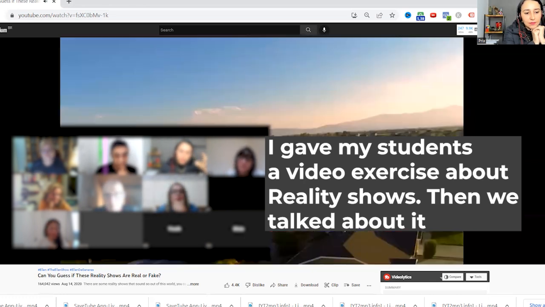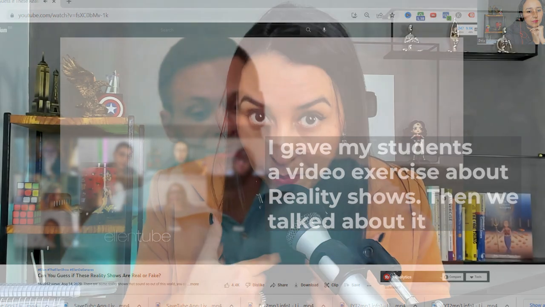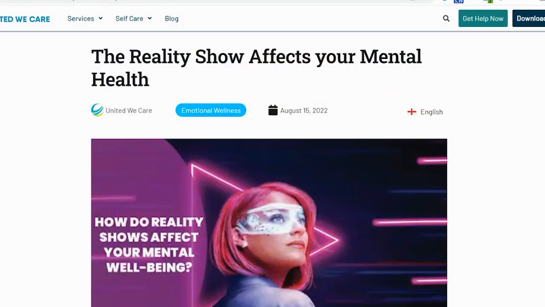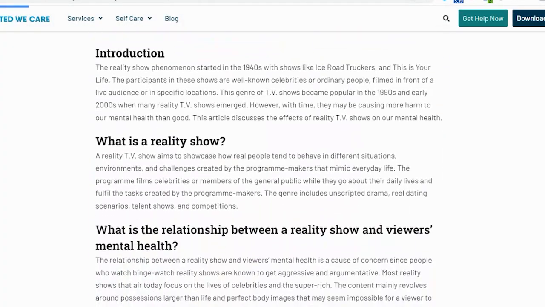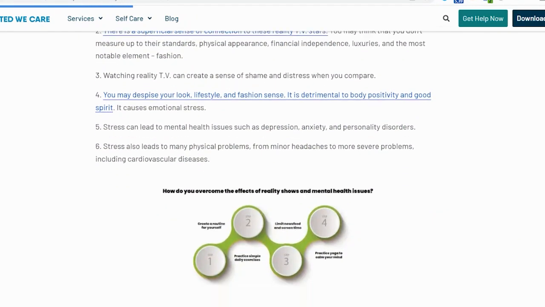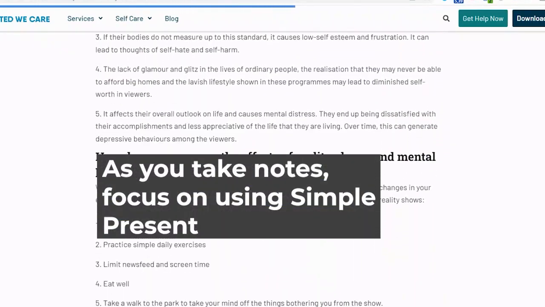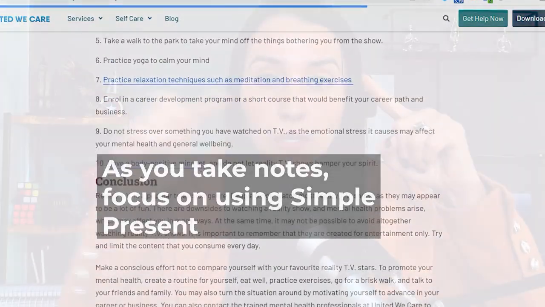However, before giving this class, I was preparing the lesson, studying, so I read some articles on the internet about reality shows and the impact on mental health, okay? The impact of reality shows on the brain, on our mental health. And in this article, the article points out many interesting points about the connection between reality shows and psychology, mental health.